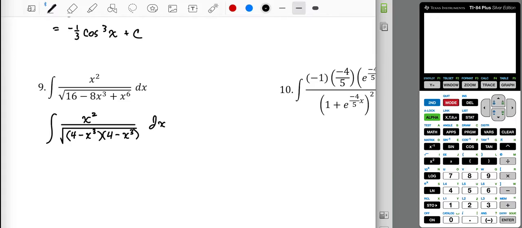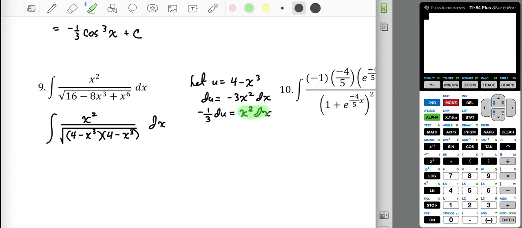So what we can do is we can let u be equal to 4 minus x cubed, where du would be equal to negative 3x squared dx. And if I just want an x squared, I'm going to multiply both sides by negative 1/3 and get the x squared dx. So that makes things a little nicer. So we got the clean substitution there. And we got a substitution for each of these.